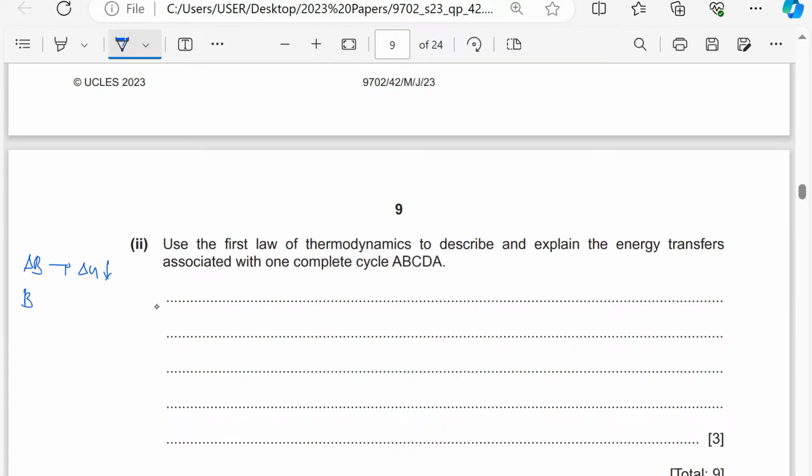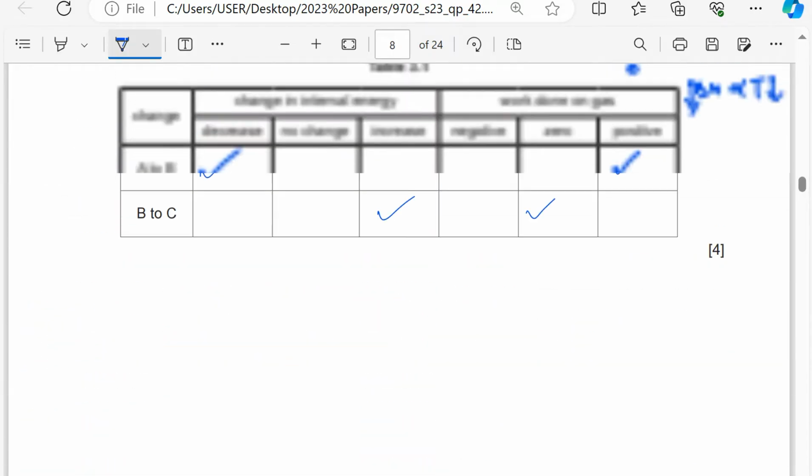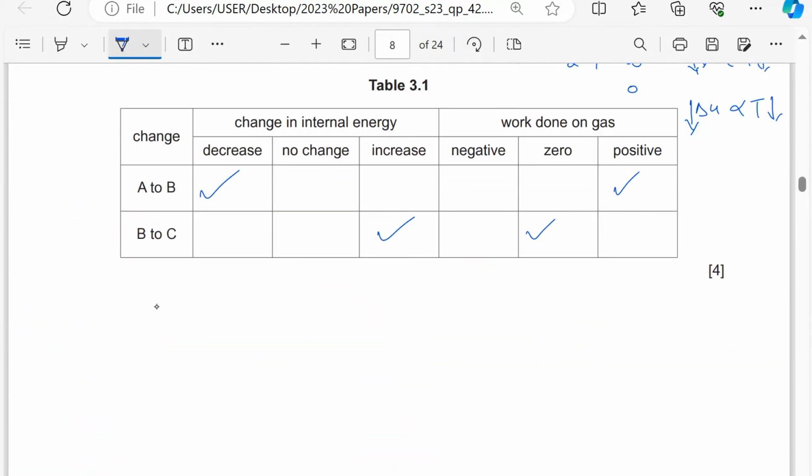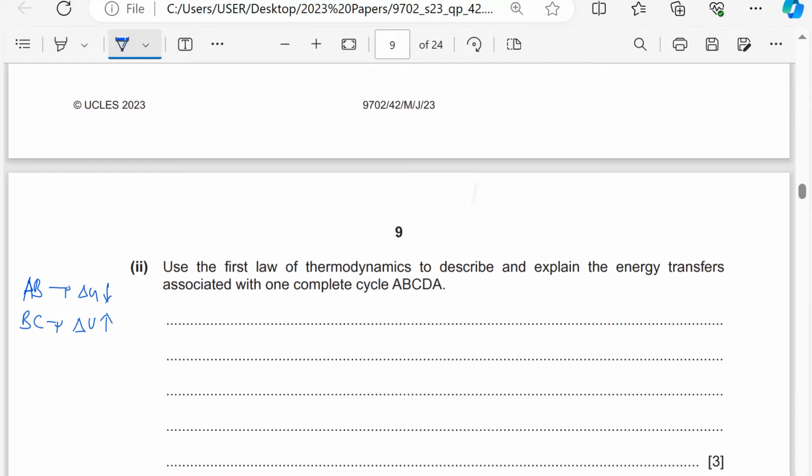Then B to C, the change in internal energy was an increase, I think.